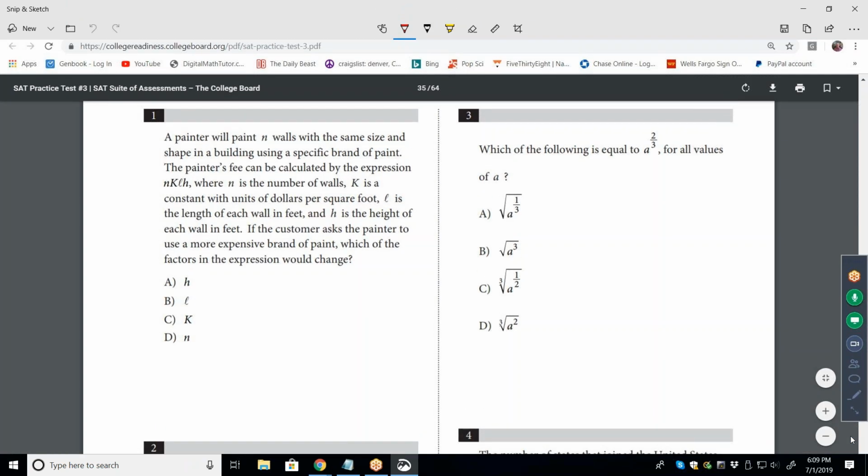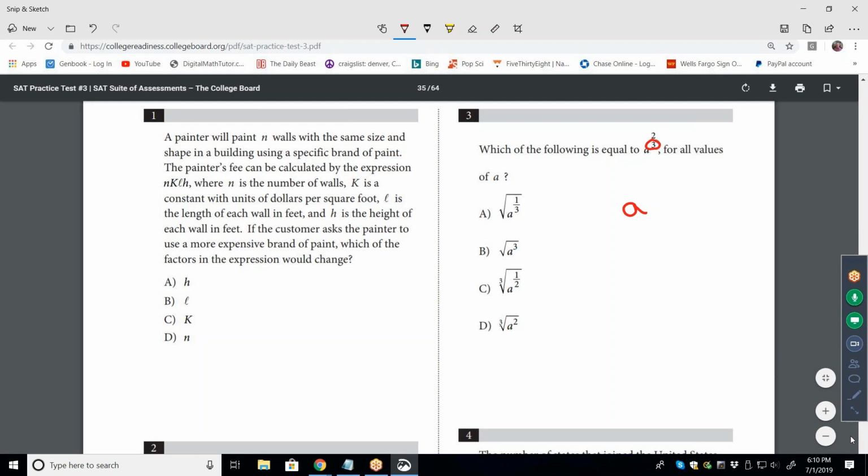Okay, go ahead. The only thing you have to remember is the bottom, the denominator means what? Is that the root or the power? It's the root. No, the denominator is always the root.